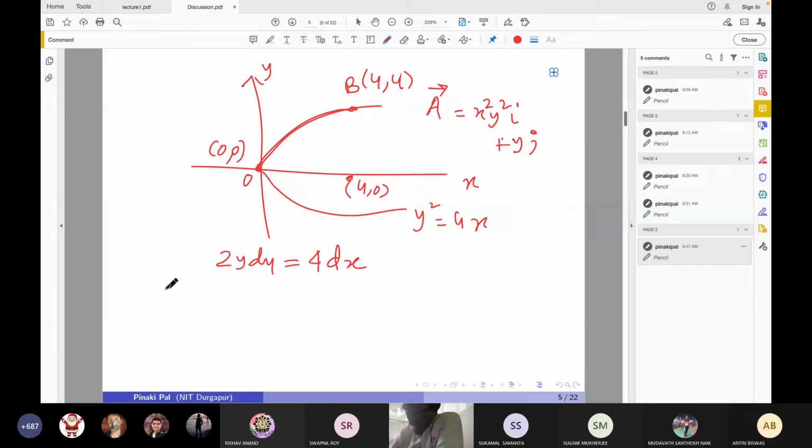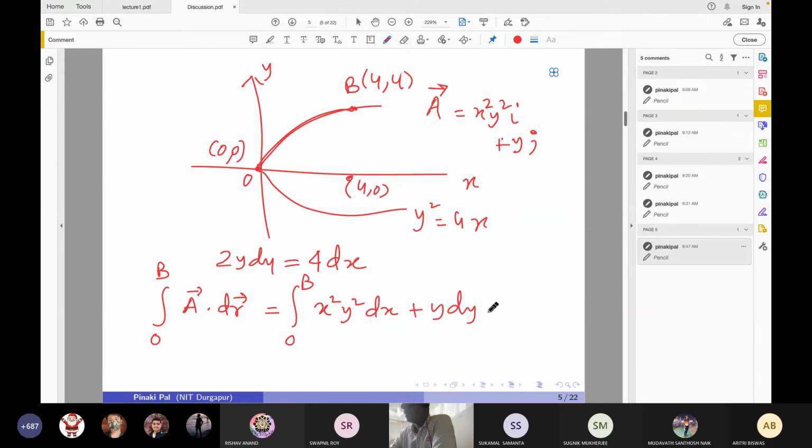And then we have to find the integral from 0 to B of A dot dr, and this is equal to, in Cartesian form, from O to B, x square y square dx plus y dy.